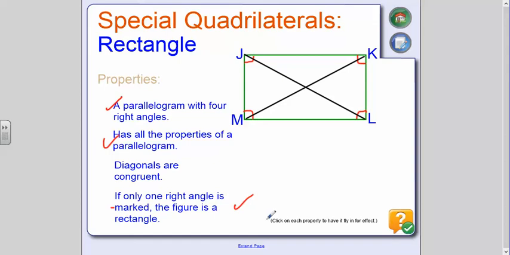So this diagonal here is congruent to this diagonal here. So JL is congruent to MK. And that would be something you need to note under your diagonals, in addition to the other properties of the parallelogram. So when you do your notes, you're going to copy the parallelogram properties over onto the rectangle, the same properties, as well as these additional ones that we have to write for a rectangle.